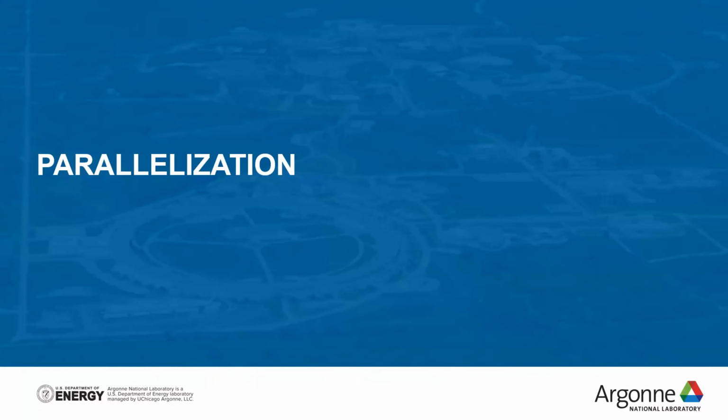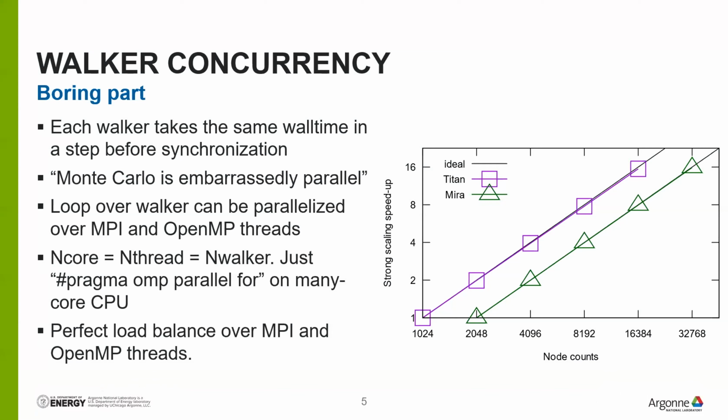So now let's go to the parallelism. As I mentioned, we have a population of walkers, this level, but this naturally brings the concurrency. I call it boring part because usually when you talk to people about Monte Carlo, they'll say, oh, you are embarrassingly parallel.